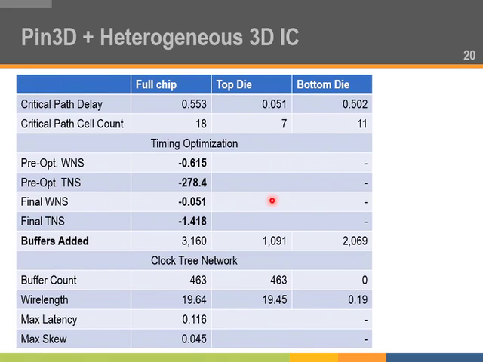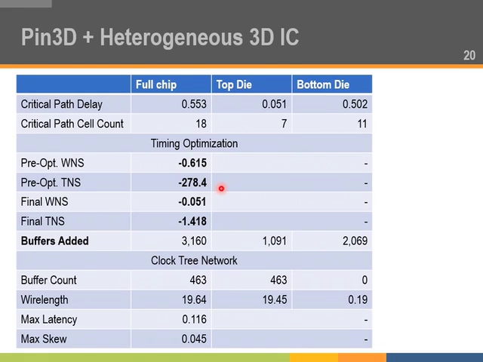If we look at the timing results, before doing any 3D optimization, just from splitting the 15 nanometer pseudo 3D design into two dies and then changing one of the dies to 45 nanometer, we see that timing becomes much worse. For the target clock period of 500 picoseconds, the worst negative slack is 615 picoseconds, and total negative slack is 280 nanoseconds.